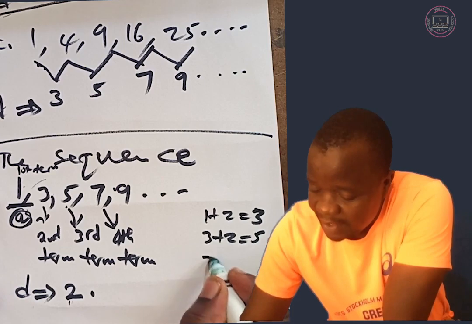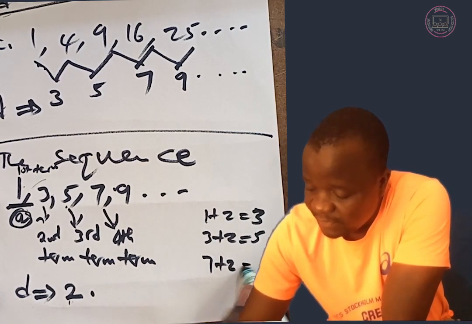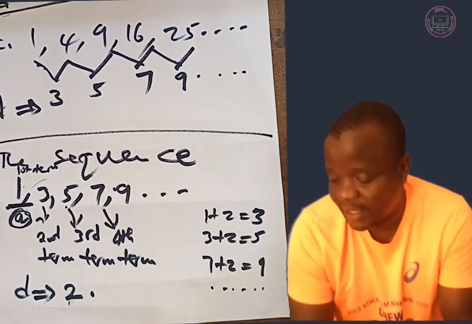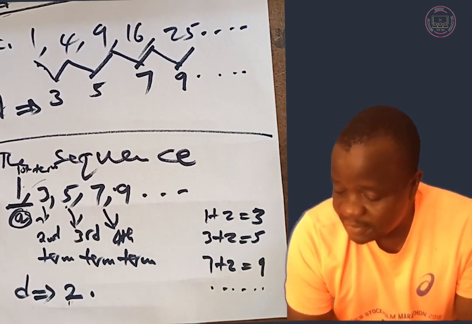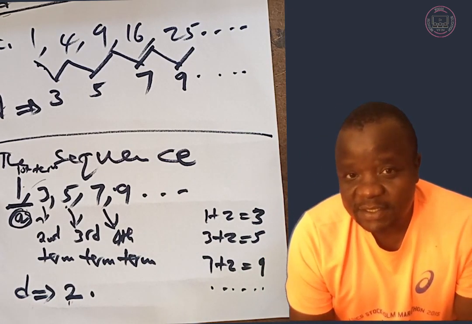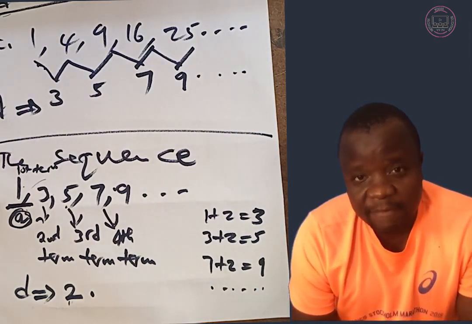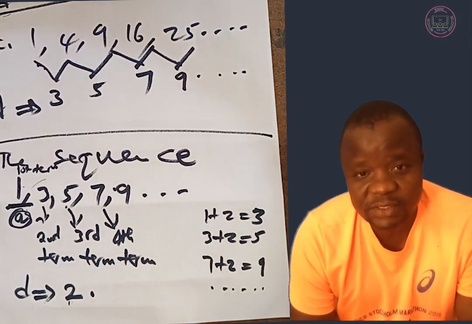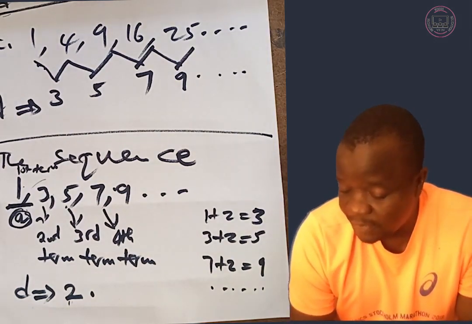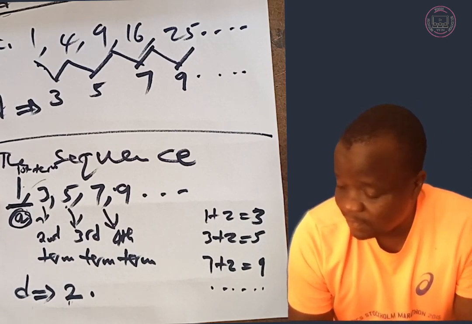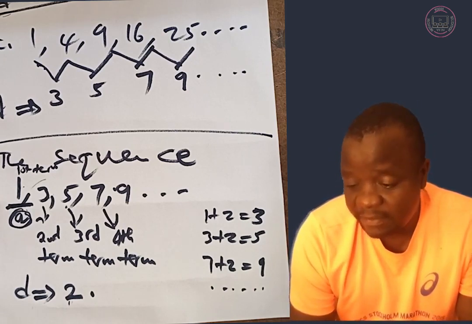And if we add 7 plus the common difference, we get 9. And then it continues like that. So we see that we can now generate a general idea of how the terms progress in an arithmetic progression.